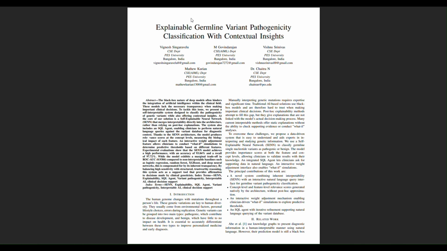And in high-stakes domains such as healthcare, transparency and trust are often just as important as predictive performance. This was the crux of the problem we are trying to solve. The main problem addressed in this work is the lack of interpretability in existing variant pathogenicity classification systems.